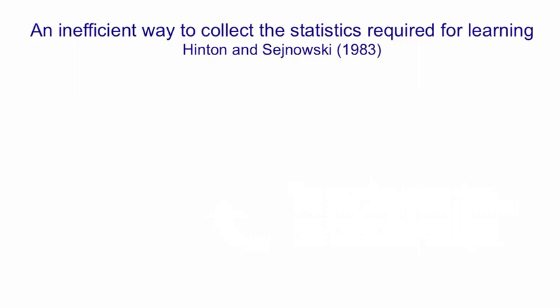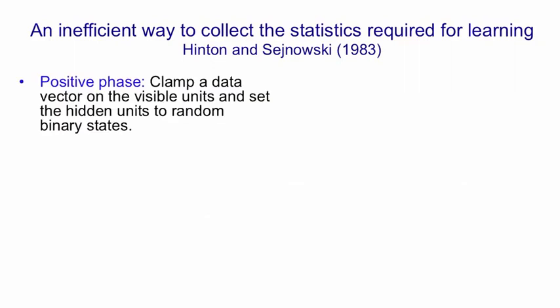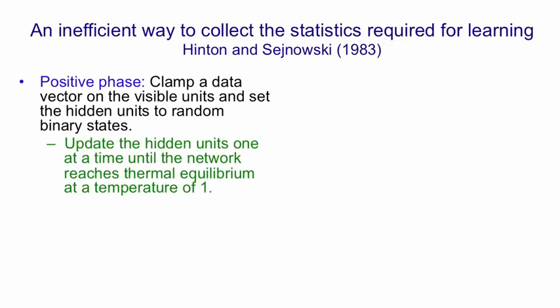An inefficient way to collect these statistics was suggested by me and Terry Sejnowski in 1983, and the idea is, in the positive phase, you clamp a data vector on the visible units, you set the hidden units to random binary states, and then you keep updating the hidden units in the network, one unit at a time, until the network reaches thermal equilibrium at a temperature of 1. We actually did that by starting at a higher temperature and reducing it, but that's not the main point here.